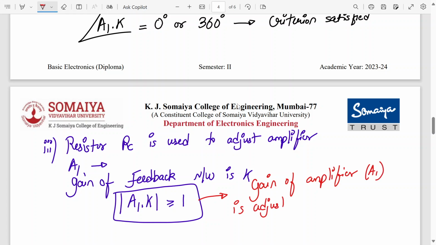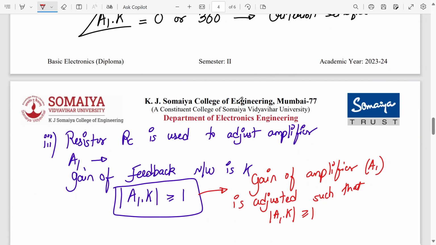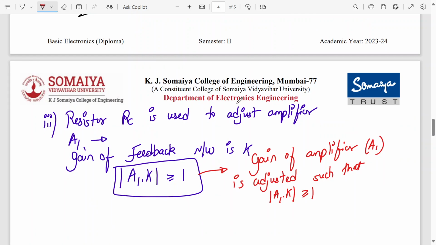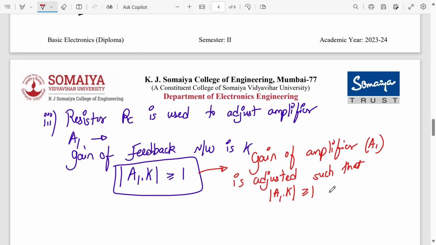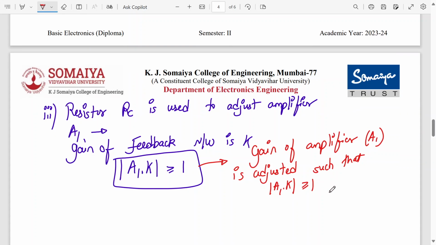It's a potentiometer, so we adjust the value of A1 such that A1 times K is greater than or equal to 1. That is possible by changing the value of RC. The gain of the amplifier is changed by changing RC until you obtain sustained oscillations. Are you understanding?